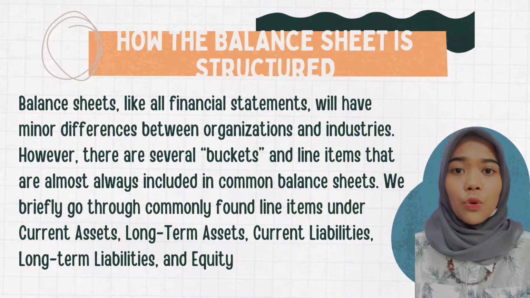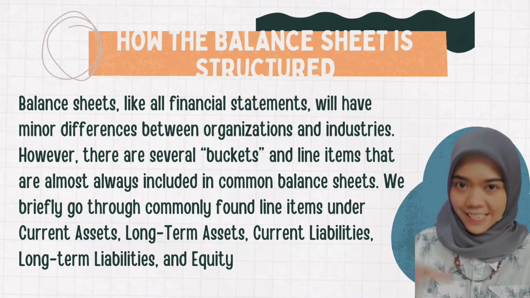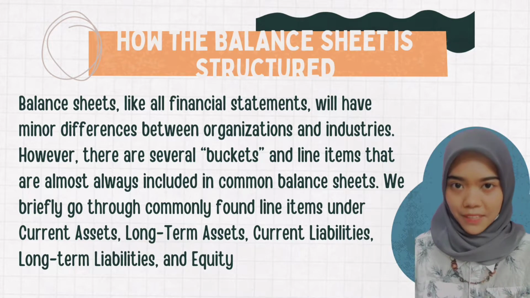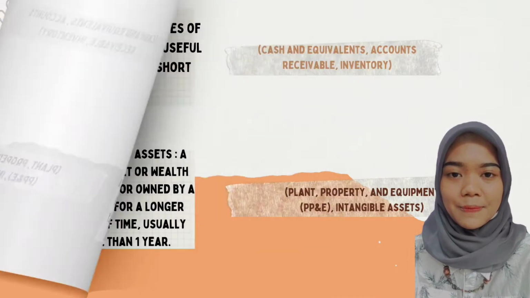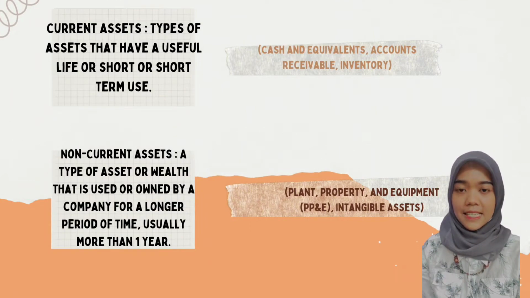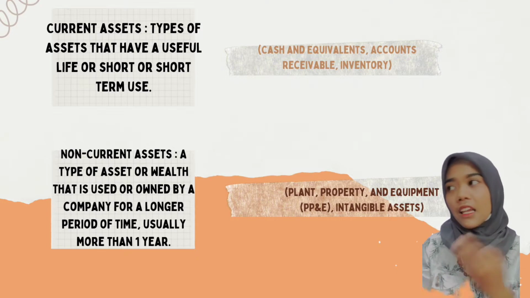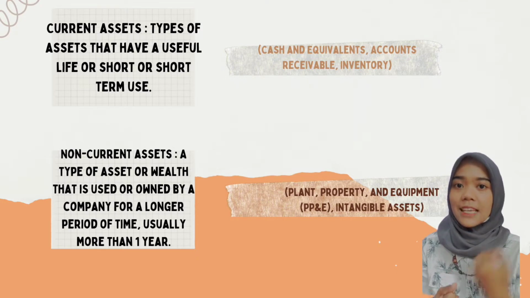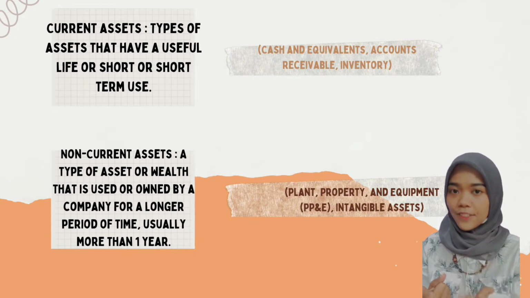We briefly go through commonly found line items under current assets, long-term assets, current liabilities, long-term liabilities, and equity. Number one, current assets are types of assets that have a short-term use. Examples: cash and equivalents, accounts receivable, and inventory.